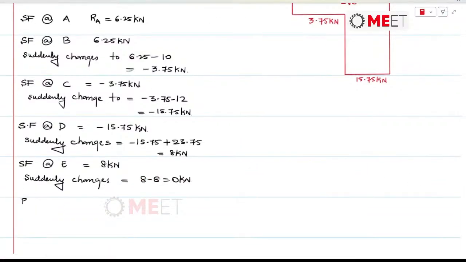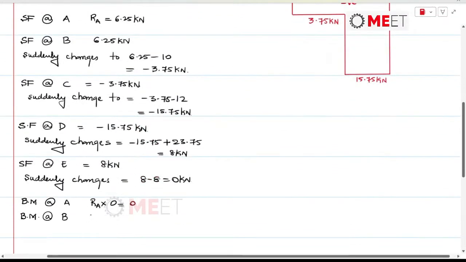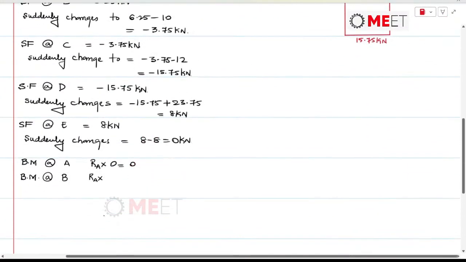Next is bending moment. Bending moment at A will be equal to RA into 0, that's 0. Bending moment at B will be equal to RA into the perpendicular distance, which is 3 meters.